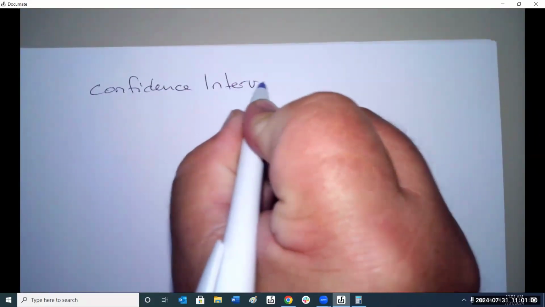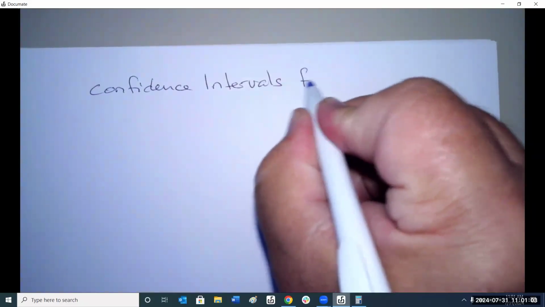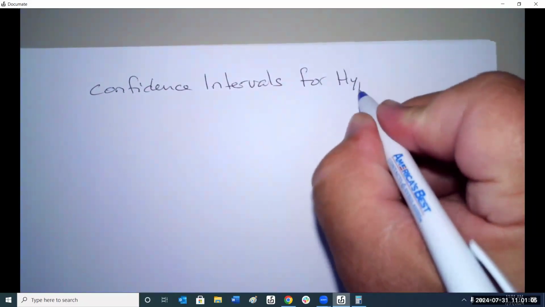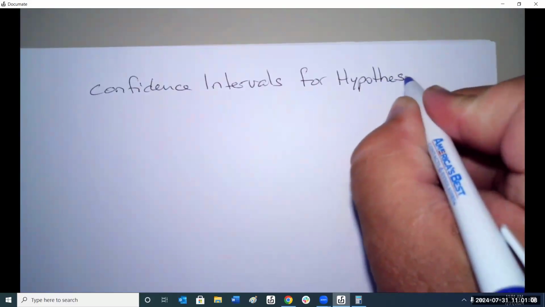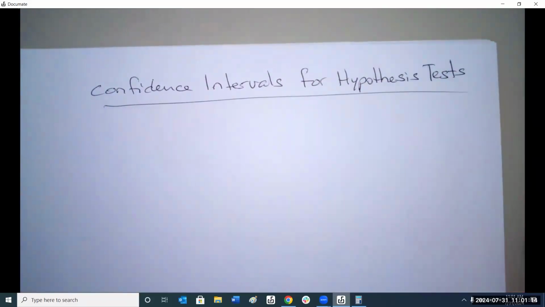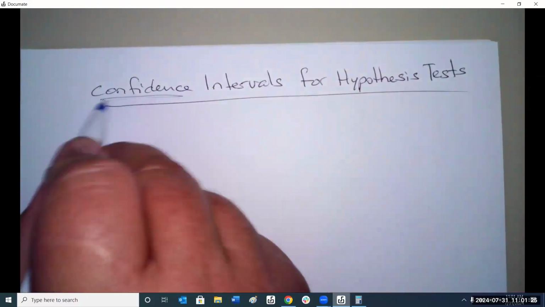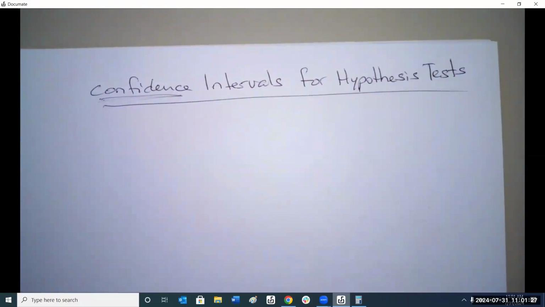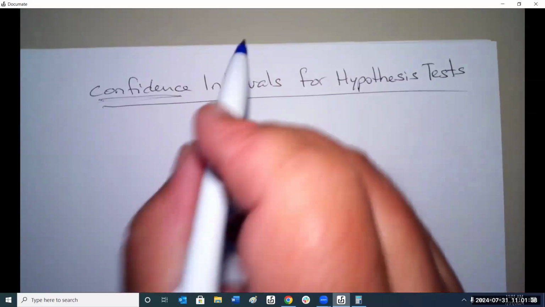Confidence intervals for hypothesis tests. Confidence interval, so the word confidence in there. How do we calculate the confidence interval? How do you find the confidence interval?